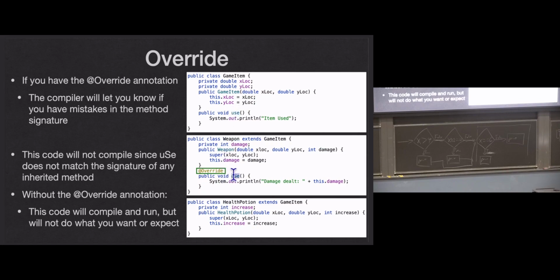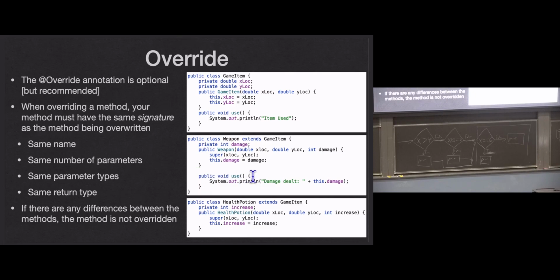In this code, we'll see by the end of the lecture, we can do inside this, well, not this use method because I have a typo. Inside this use method, I could do super.use, and I still do have access to it from the weapon class, from within it. But with this code as written, if I create a new weapon object, I can't access that method from that object because it's been overridden. So only inside the method that's doing the overriding do you have access to the original method.